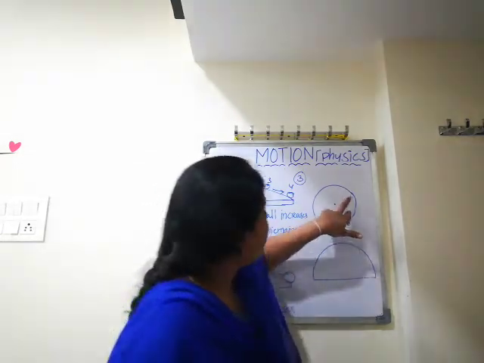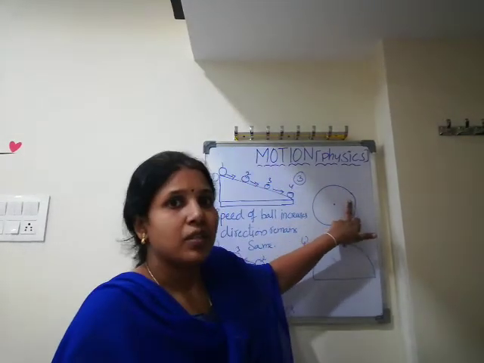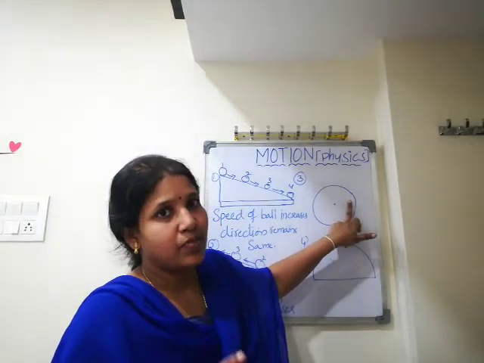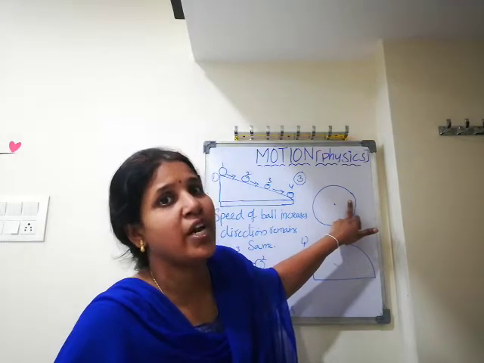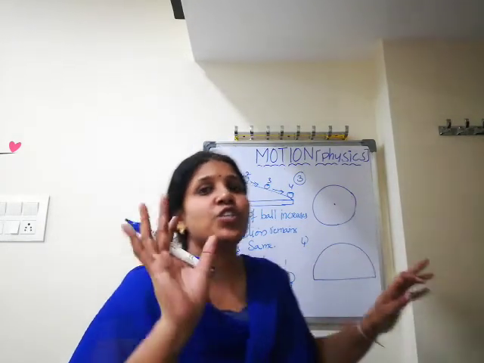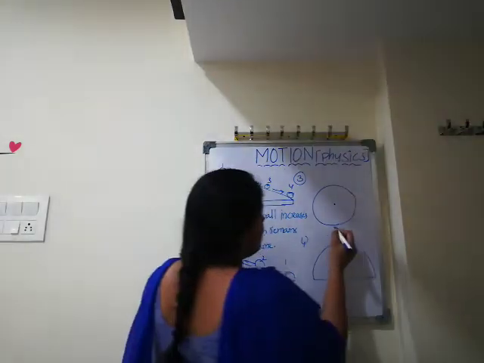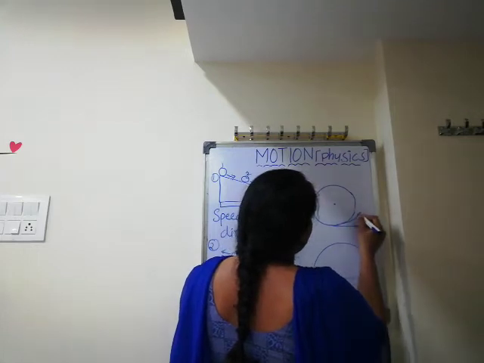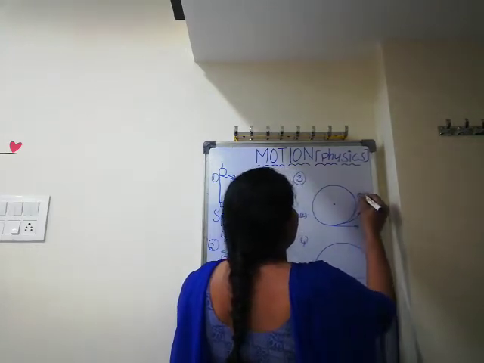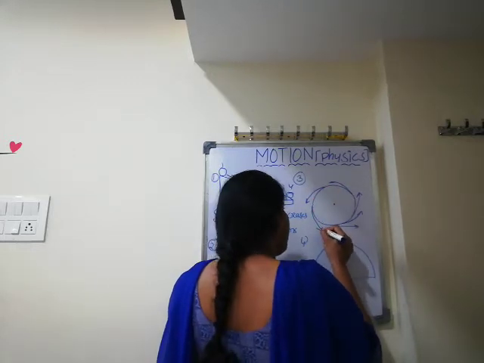Whenever an object is moving in a circular path, the path remains the same and the speed of the ball also remains the same. But the change you are observing is that the direction is changing. At this position, it is moving in this direction. Then it moves upward, left, downward, and again downward.